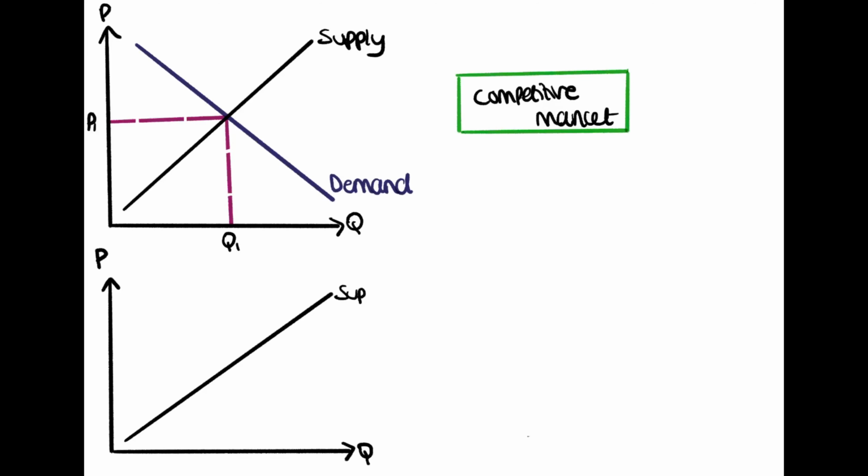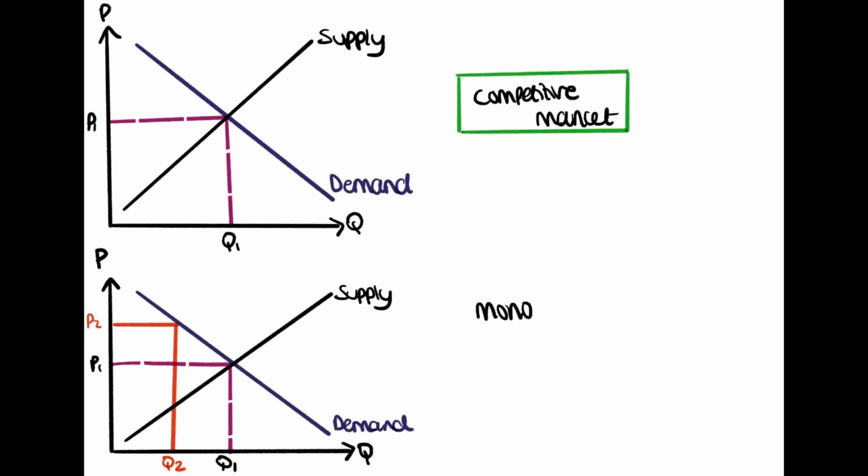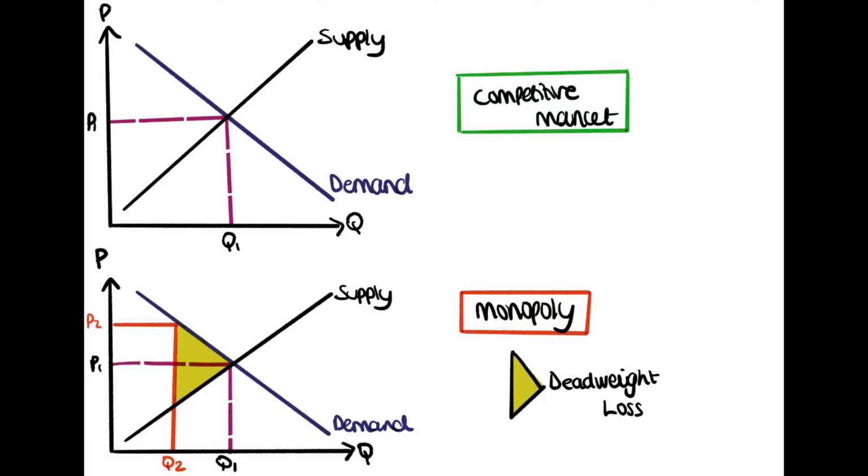However, in a monopolistic market, the output is actually below the equilibrium point, and the price increases to point P2. The monopoly is trying to increase profits by charging consumers a higher price. However, this reduces consumer surplus and creates a deadweight loss to society.